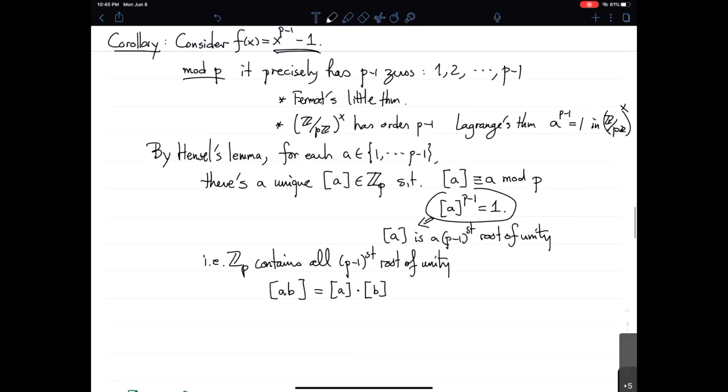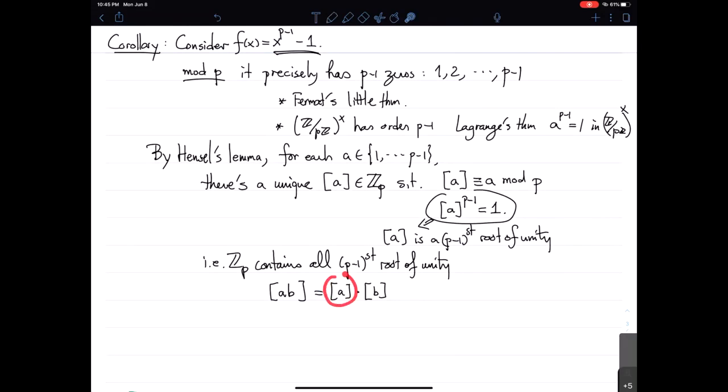If I do [a] times [b], altogether to the p minus first power, that's the same as this to the p-th power, and that's just 1. So [a][b] is a solution to my equation, and on the other hand, it is also congruent to ab mod p. By the uniqueness of the lift, they must be equal. That's somehow how you find roots of unity that are congruent to your given residue modulo p.